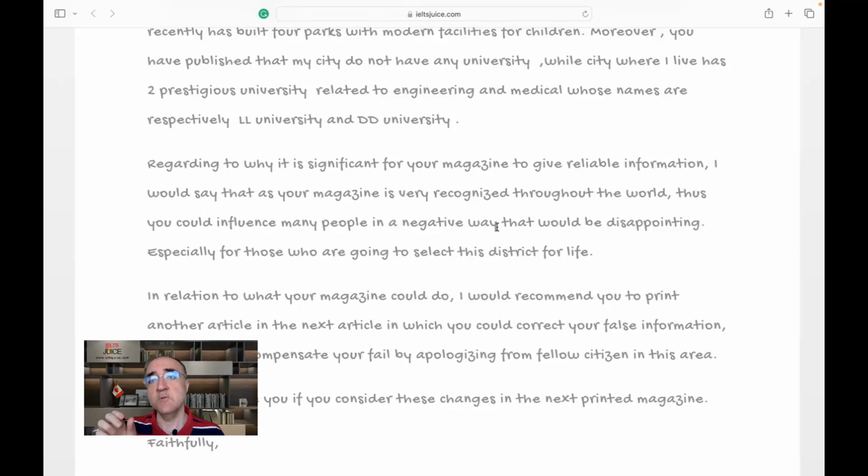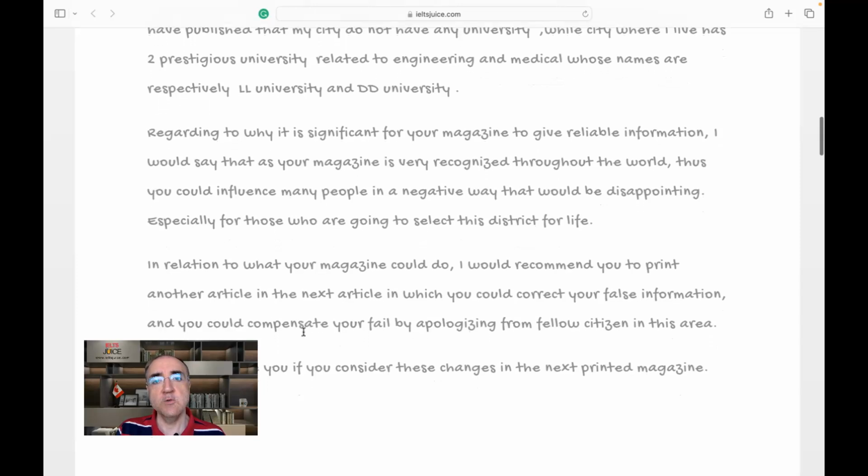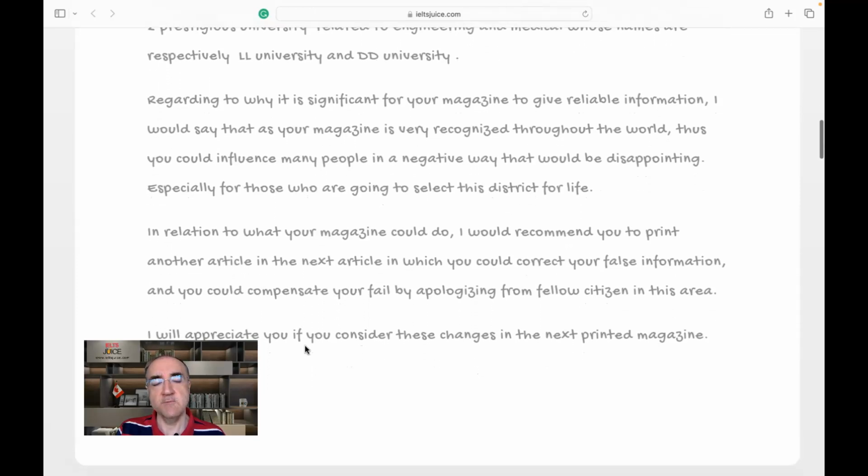That deserves maybe its own paragraph, or maybe at least a couple more sentences. I wouldn't write this. This is such an important part and requires more development, especially for those who are going to select this district for life.